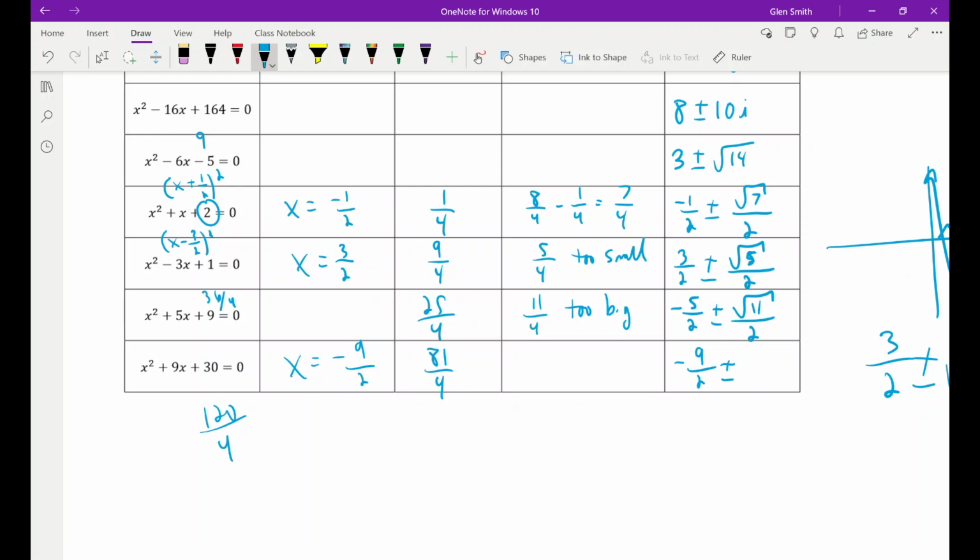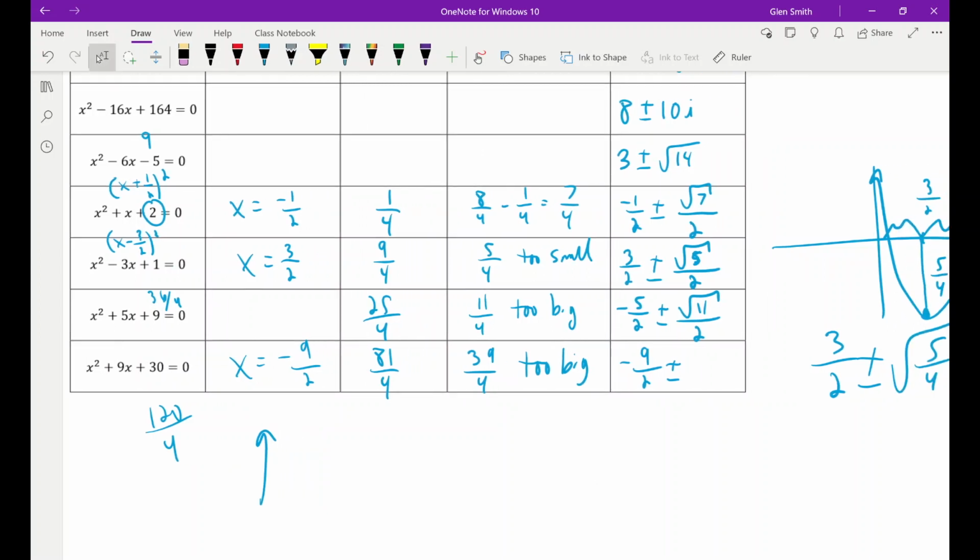That's bigger than 81 fourths, so it got shifted up. To get to 120 from 81, you add 39. So it's 39 fourths too big, which means we moved it up 39 fourths, which means our roots are imaginary. Oh man, that means my last ones were imaginary also. Almost missed that one. So this is i root 39 over 2.